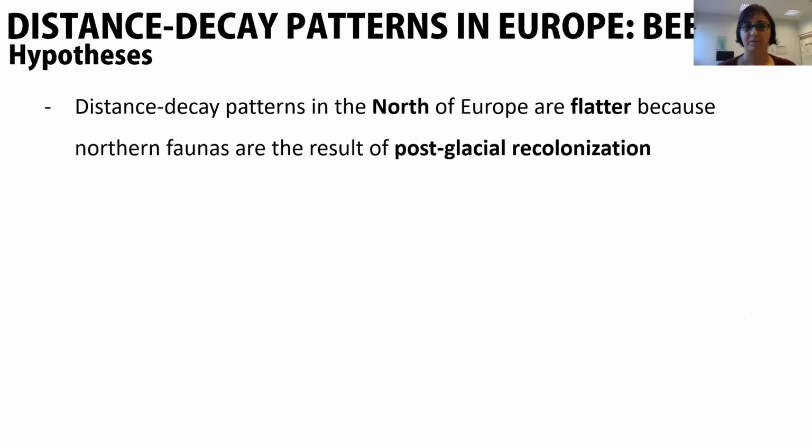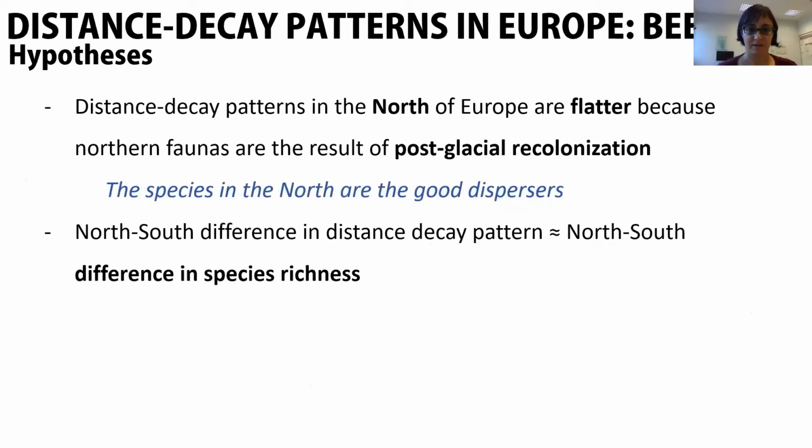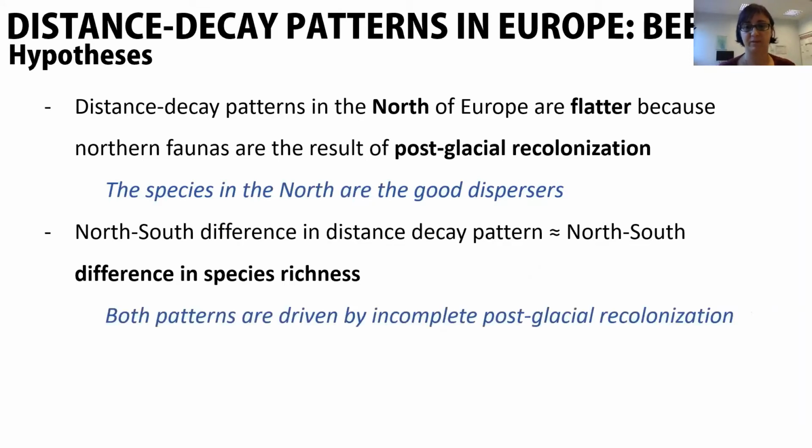Our hypotheses were that the distance-decay patterns in the north would be flatter as a result of incomplete postglacial recolonization, because the species in the north are the good dispersers. That also the north-south difference in the distance-decay pattern would be related to the north-south difference in species richness, because they would be the result of the same process.